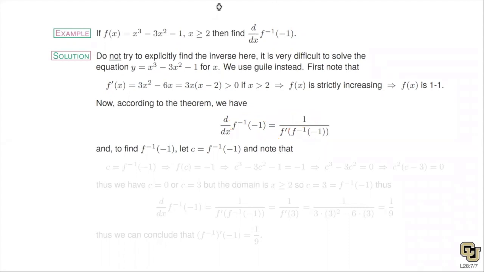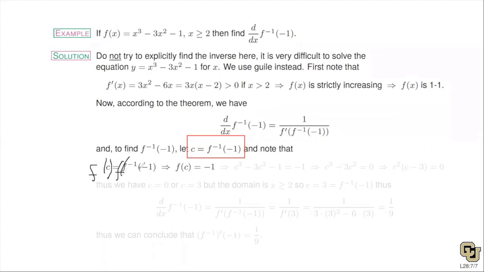So here's where we're going to reverse the equation. First I name it, just call f inverse of -1 something. So here I said, let c equal f inverse of -1. And now I'm going to reverse the equation. Apply f to both sides of this equation and convert this equation.